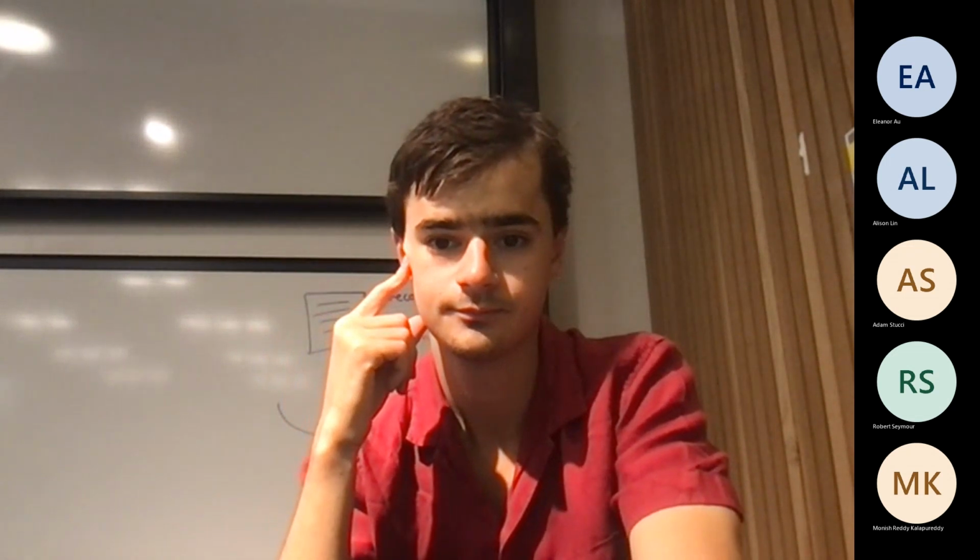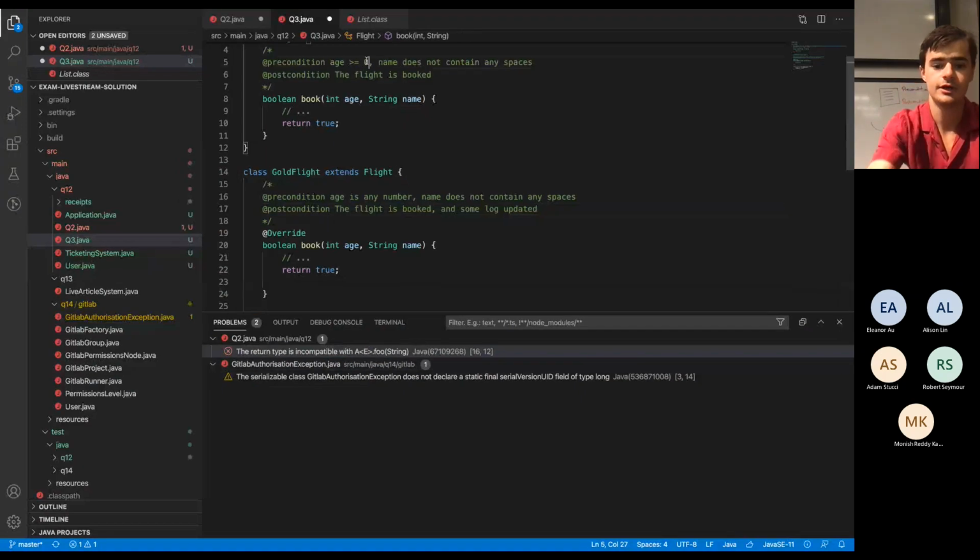No. So, sorry, let me go back to the thing. If you had greater equal to 50 here, and then in the subclass precondition greater equal to 40, that doesn't violate LSP because so long as you comply to this rule, you will comply to this rule, right?